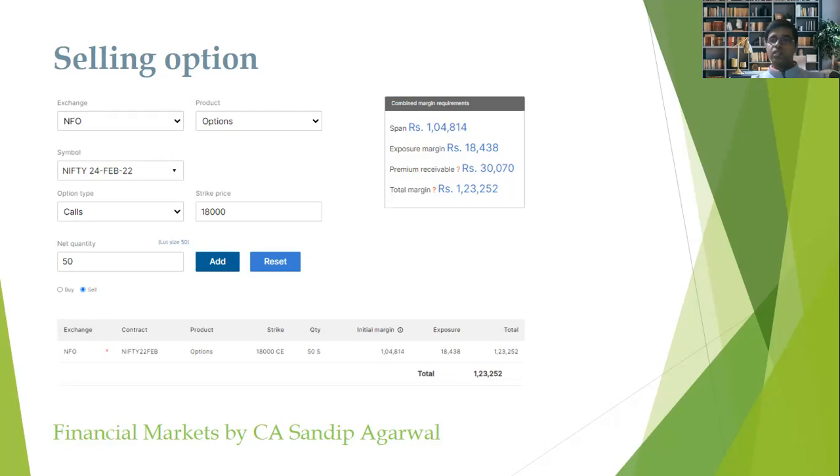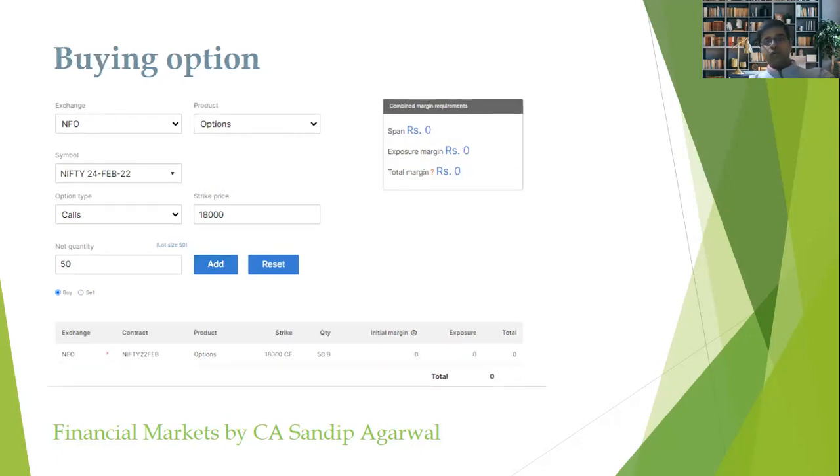And this exposure margin can be maintained from that as well, and that can be maintained from the cash as well. So the option seller can keep a cash of 1,04,814 as the cash margin, and the exposure margin he can meet by pledging the equity shares lying in the demat account maintained with that broker, or he can keep cash as well in case he doesn't have any equity shares in his account.